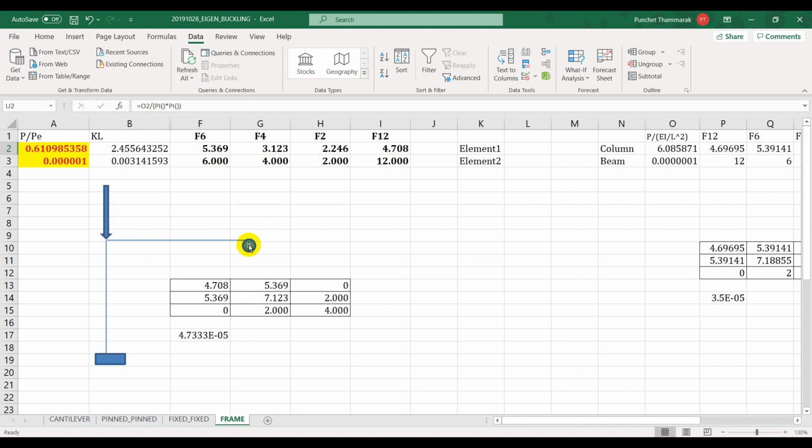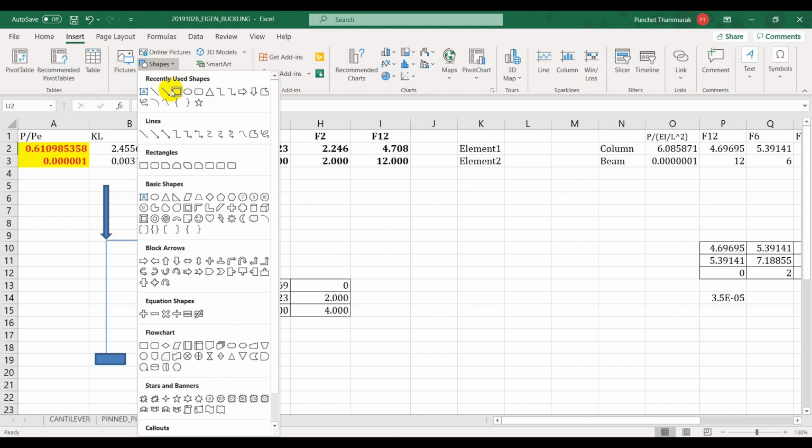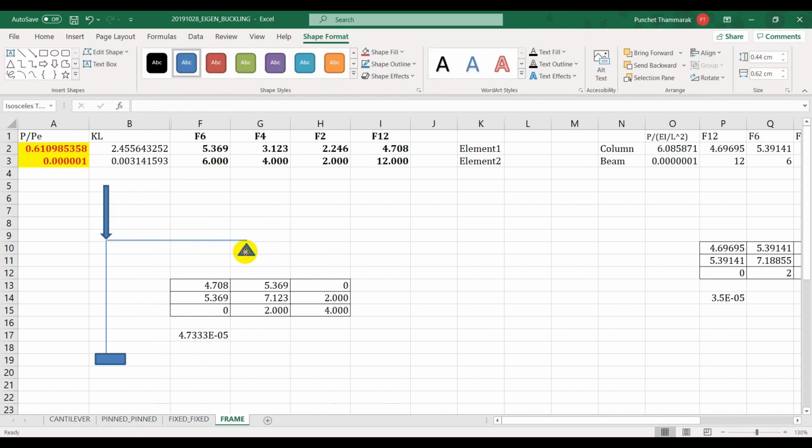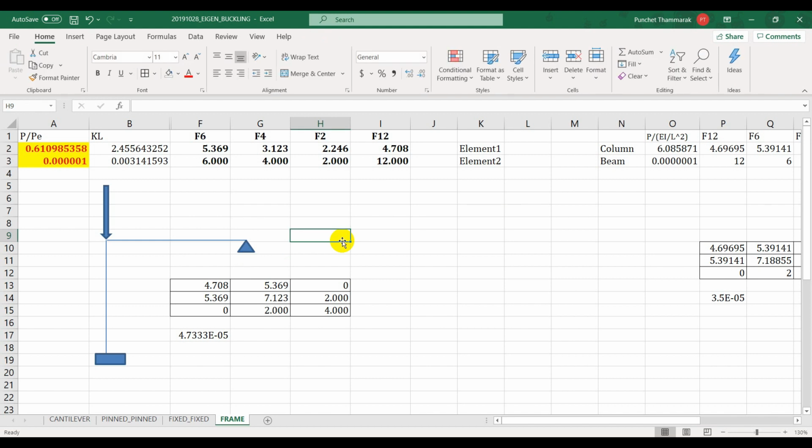If this point is not this one, if it is this one, the prediction will not be as good as the stability function because the maximum deformation will be in between. When this system buckles, the max is over here. It is not like it just goes like this. Then you will need to put another point in the middle.